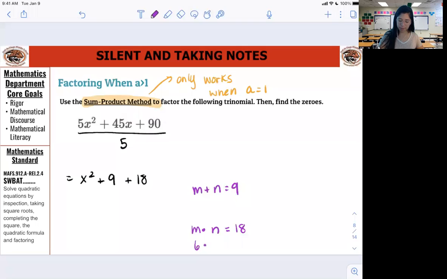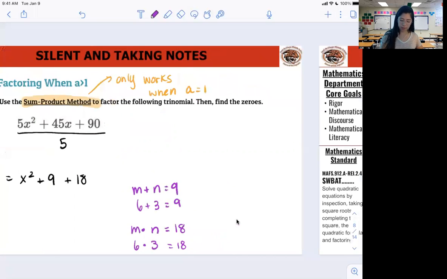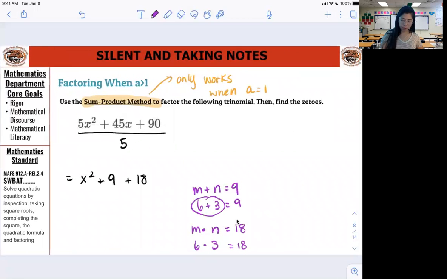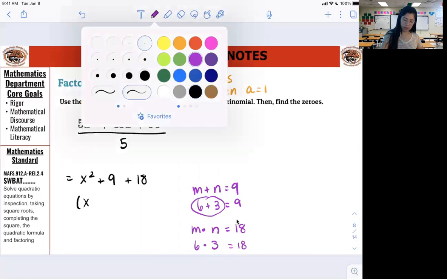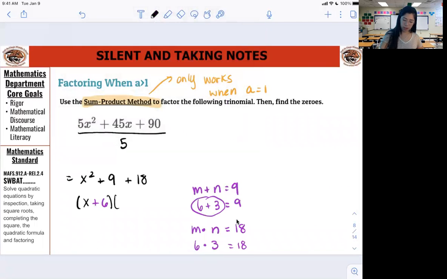Okay, 6 times 3 equals 18. 6 plus 3 equals 9. So those are my magic numbers. And I can do this problem just like all the rest of them. So I get x plus 6 and x plus 3. Everybody with me so far? Any questions?